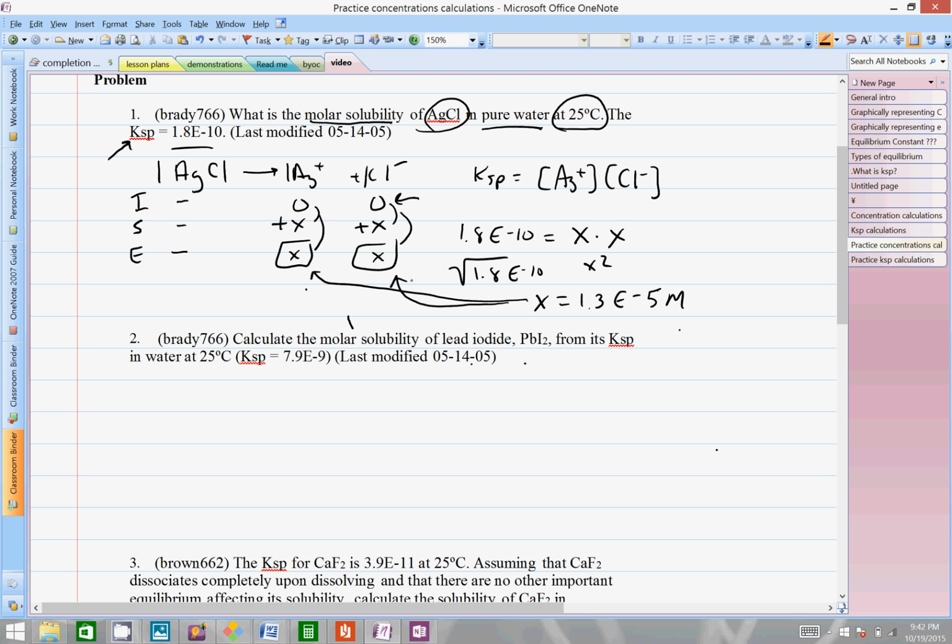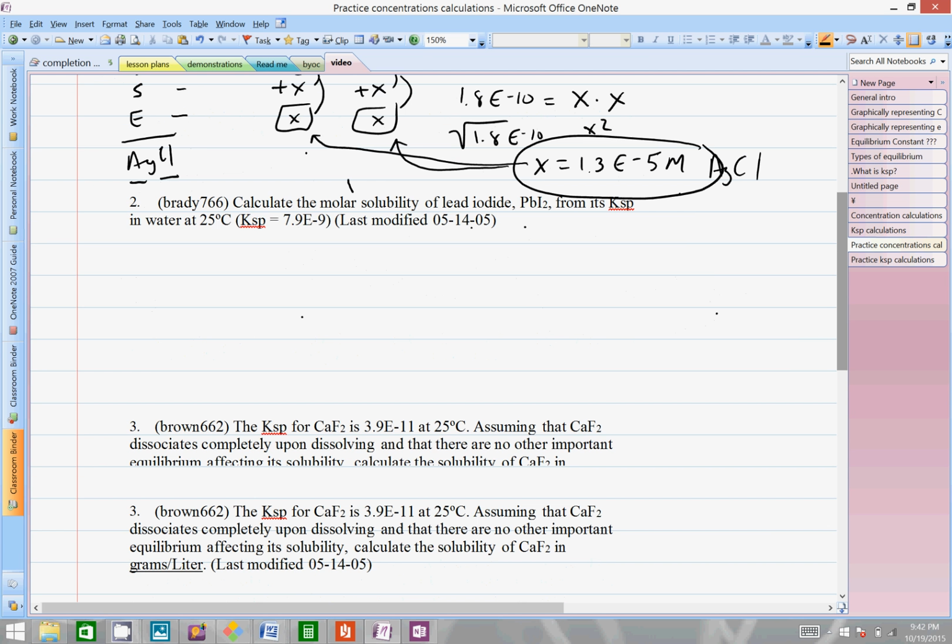And also, because for every AgCl there's one silver, one chloride, this is also my answer for the molar solubility of AgCl. They're all 1:1:1 ratios. Again, you can pause this video to see a little bit more, try it yourself, and then stop back and see if you get the right answer.